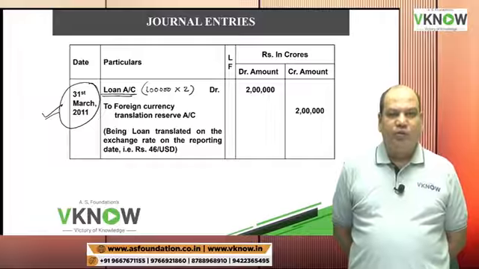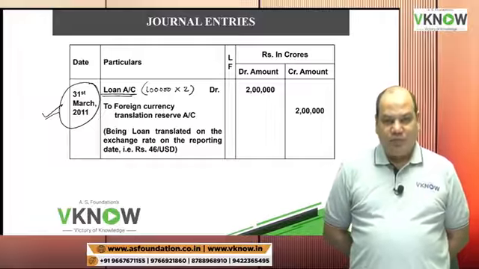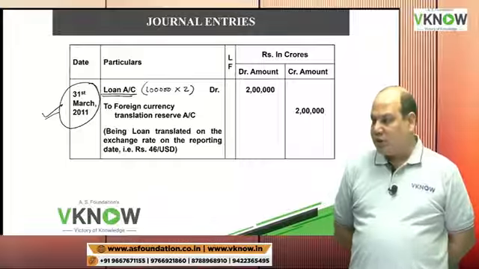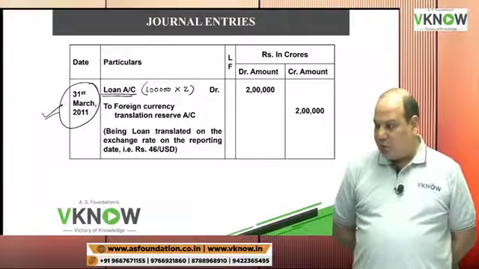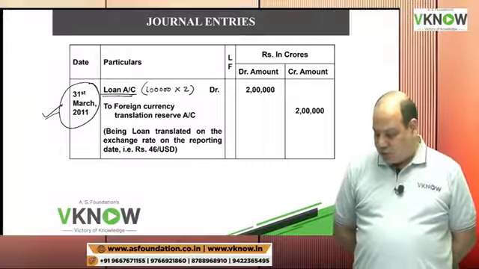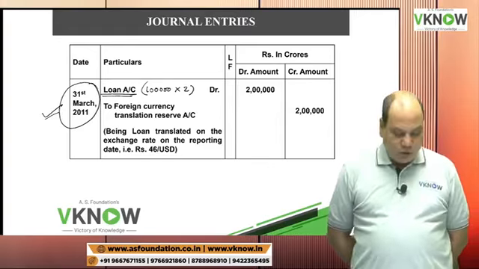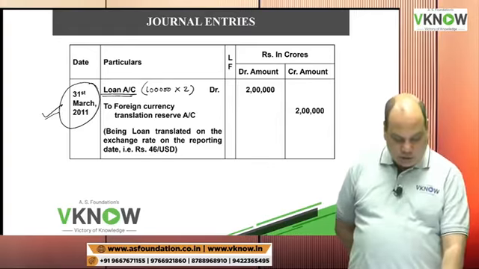The exchange rate is 46 now. So 2 rupees gain as far as liability is concerned. So entry will be loan account debit 2 lakh to FCTR 2 lakh, being loan translated at closing rate.